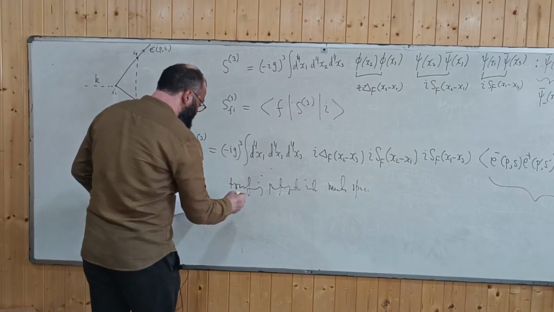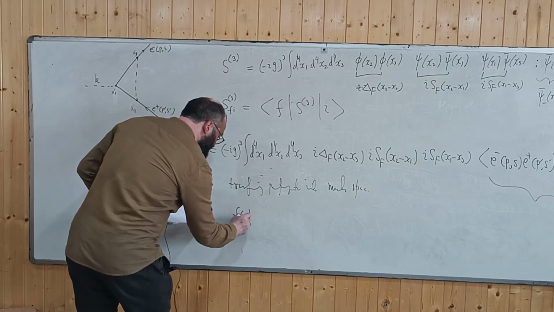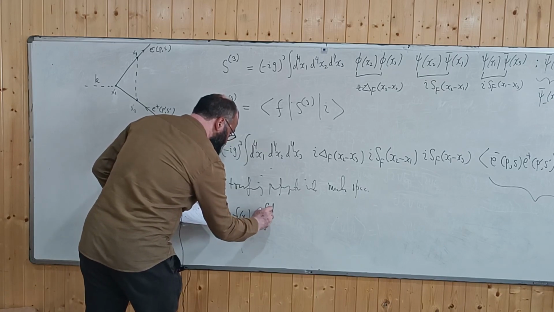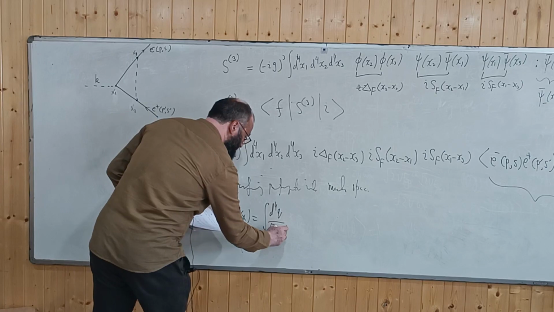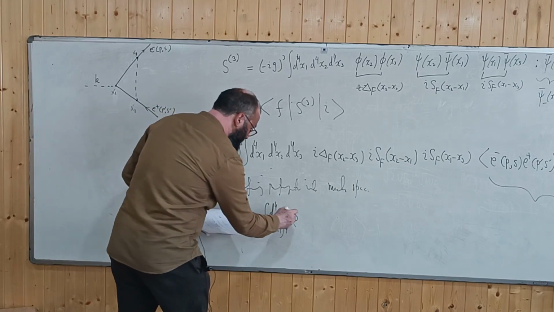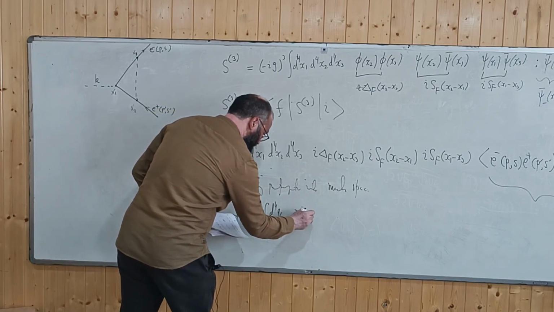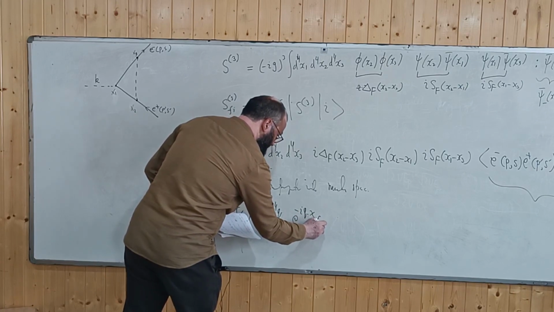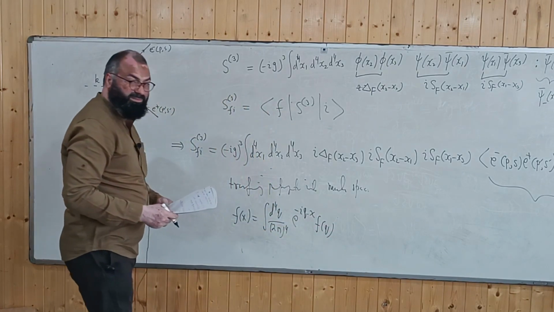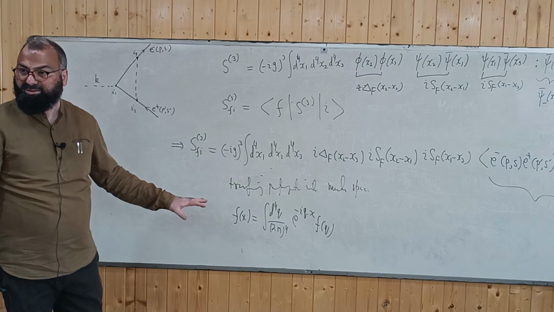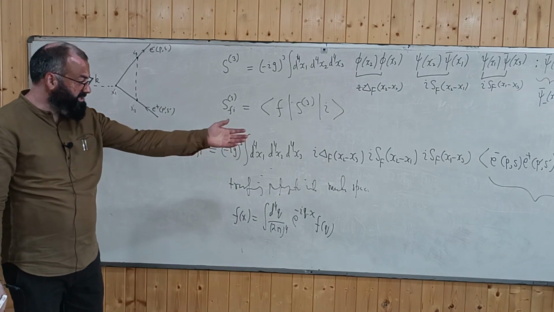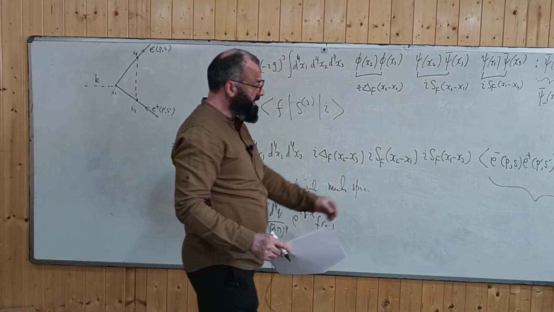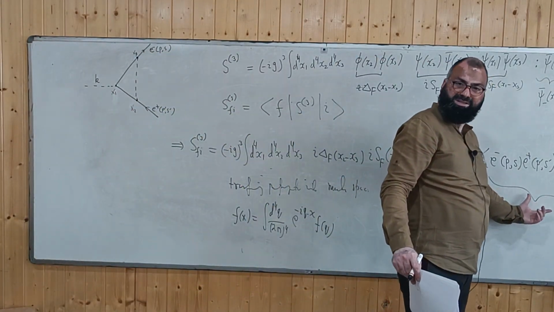So let's say you are having this f of x, so I will write the momentum space like this: d4 of q over 2 pi raised to 4, e raised to minus i q dot x, and f of q. So this is the Fourier transform. Clear? Okay, so now let's convert them into the momentum space and simultaneously put the value of this very expression.